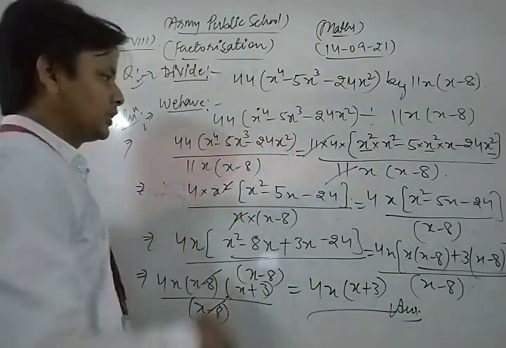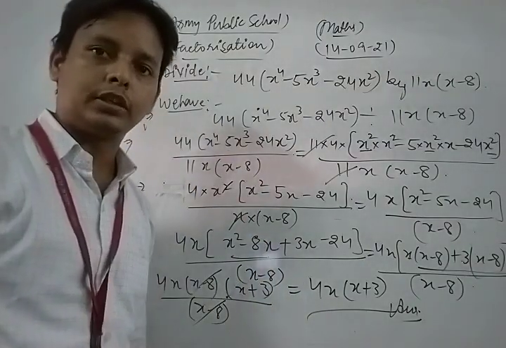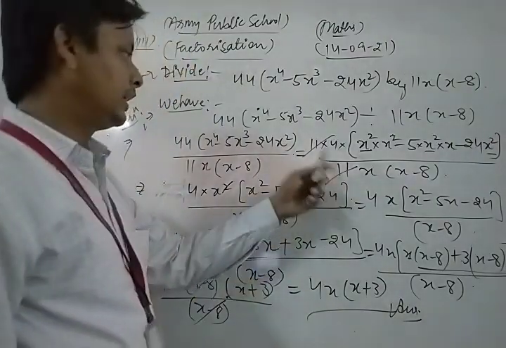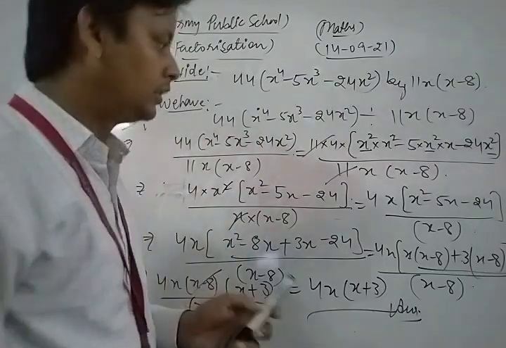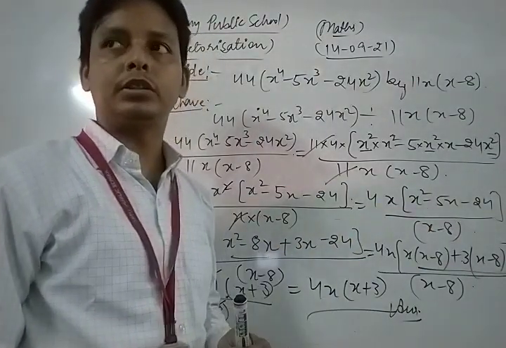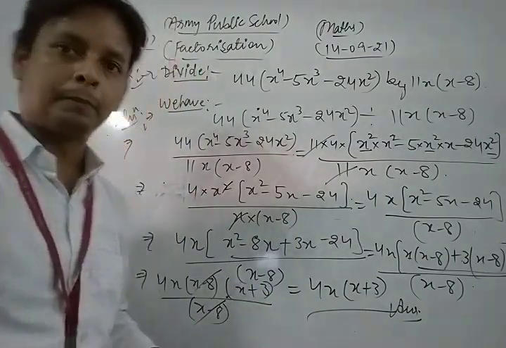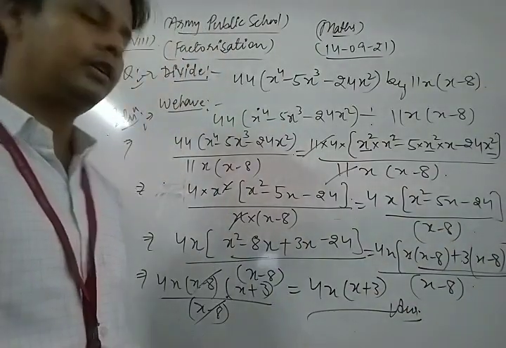So now we take x square as common, so we get x square minus 5x minus 24 in the next bracket, and in the denominator we write it as it is. Now here 11 cancels, x also cancels, and this is 4x, and now we do the factorization by using the concept of splitting the middle term. By that method we can solve this, and after simplifying we get our result.